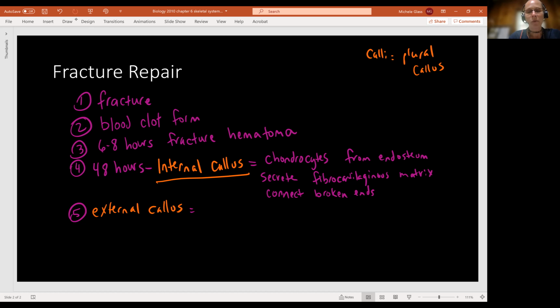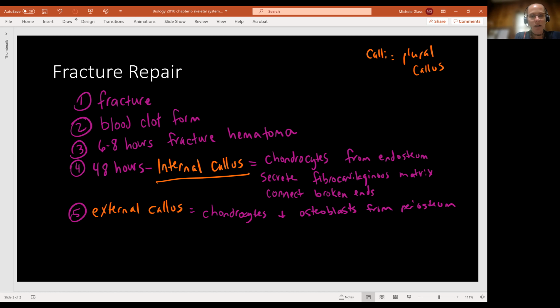So we're going to have both chondrocytes and osteoblasts from the periosteum. So when we talk about both the endosteum and the periosteum, we see they're not only important in the formation or development of the bone, we saw them involved in both modeling and remodeling, but we also see them here involved in repair.